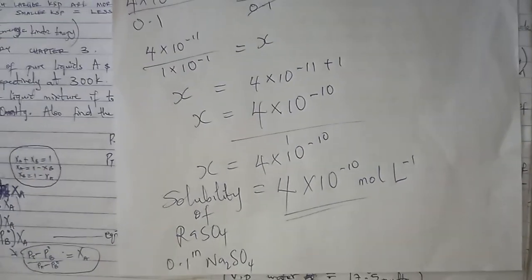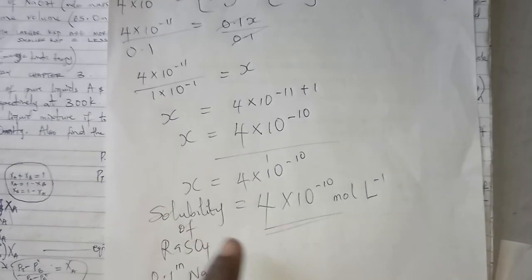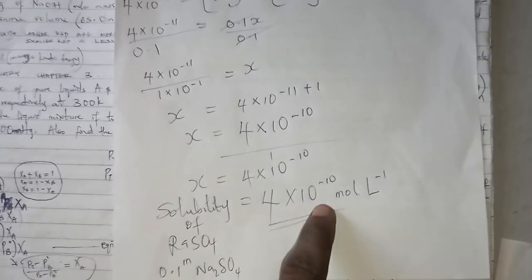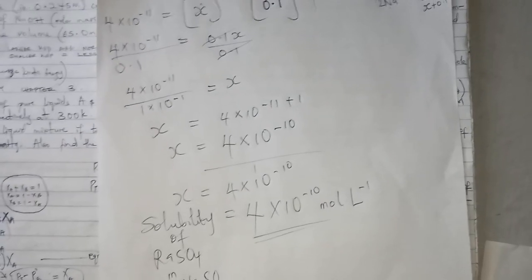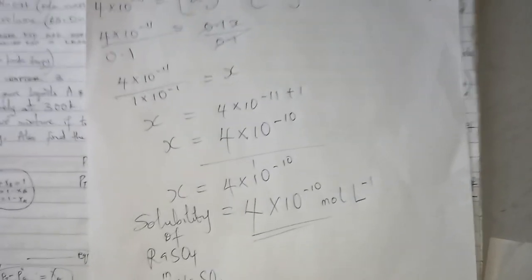So you will see that for the fact that I have the solubility of radium sulfate, this is 4 times 10 minus 10 mole per liter, which is 0.0000000004.